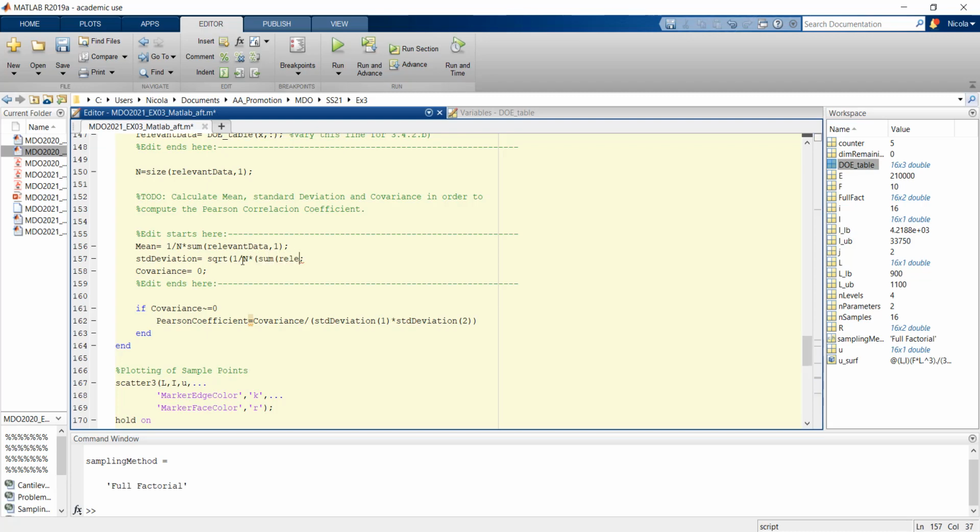Times, and we take the square of each entry, and also along the first dimension. And we subtract the squared of the means.